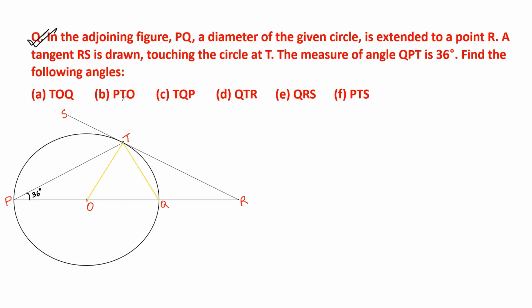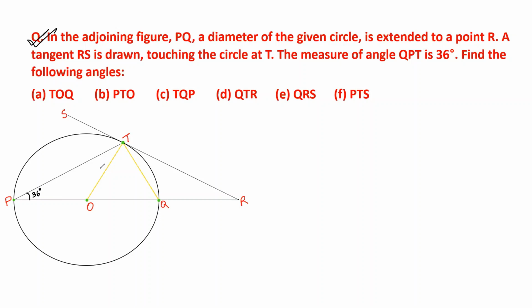To find these angles, I have joined the points O and T to form the line OT and joined the points T and Q to form the line TQ. Now, if we consider this arc formed by the points T and Q, this arc is forming an angle of 36 degrees at point P, that is at the circumference.